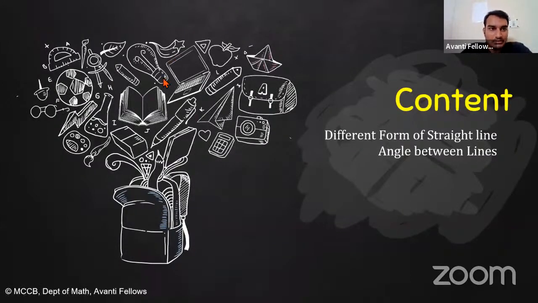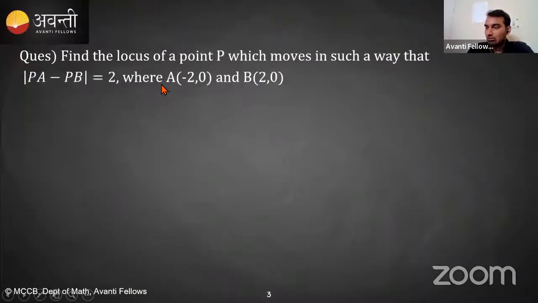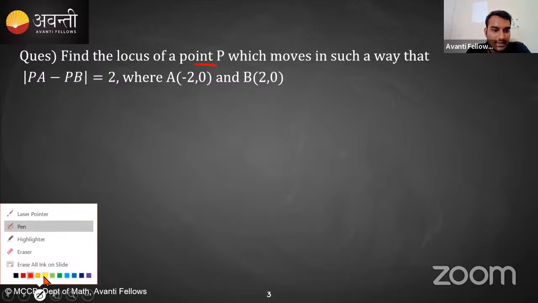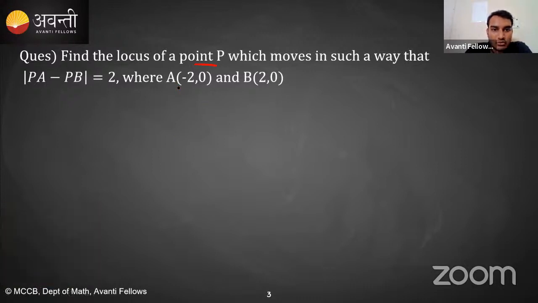Okay, so let's start. The question is: find the locus of a point P which moves in such a way that mod of PA minus PB is equal to 2, where A is (-2, 0) and B is (2, 0).